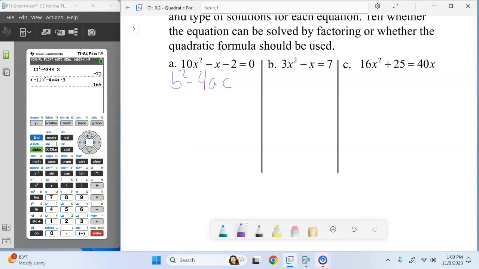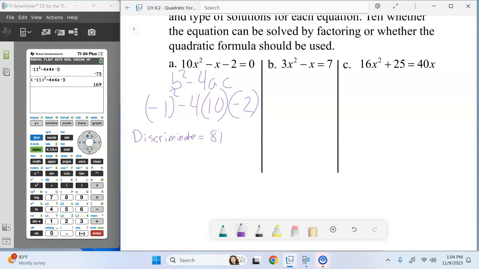So, what's my value for b on this quadratic? What's my value for a? 10. What's my value for c? If I evaluate that, what do I get? What is negative 1 squared minus 4 times negative 2? 81. So the discriminant equals 81.